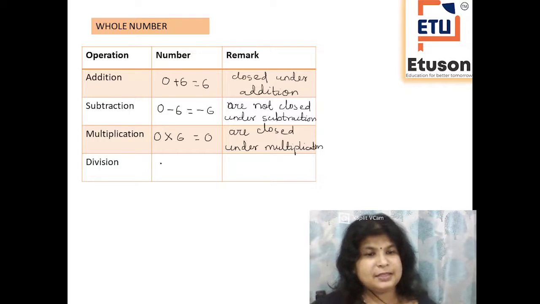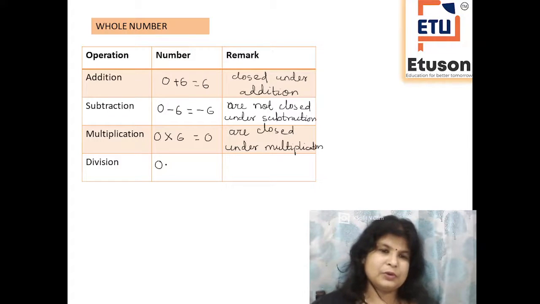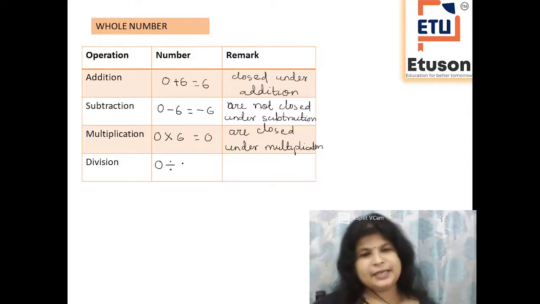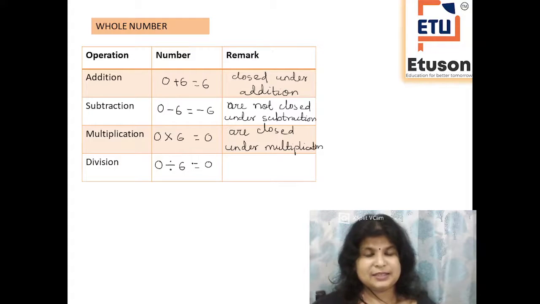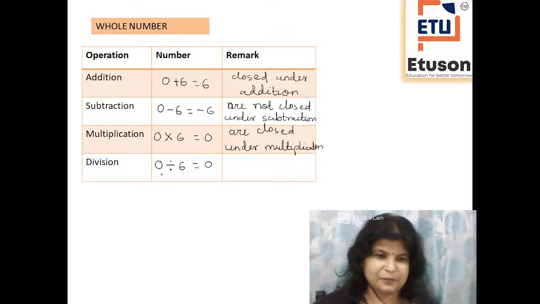Now consider division. 0 divided by 6 is equal to 0, undoubtedly. But just check the vice versa. Suppose you write 6 divided by 0. What is the answer? The answer is undefined.